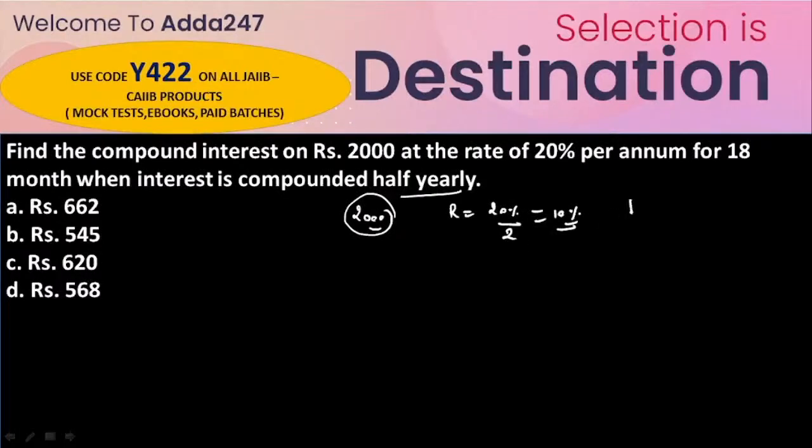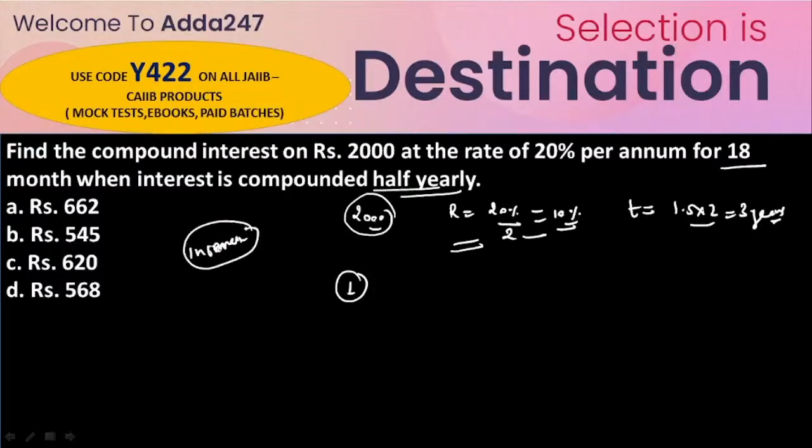We know that if the interest is compounding half yearly, the rate of interest is divided by 2, and the time period is multiplied by 2. The time period given is 1.5 years, multiplied by 2, so that becomes 3 years. For the first year, when we calculate the interest, we have to calculate interest on interest.